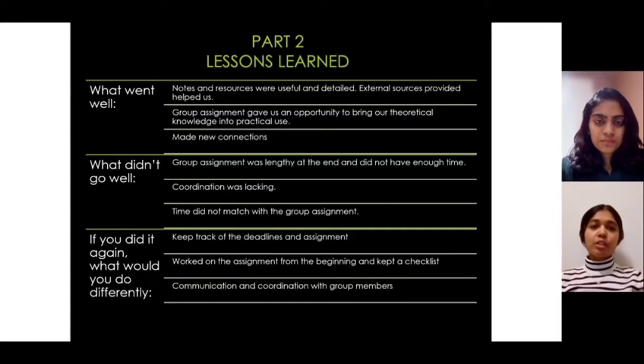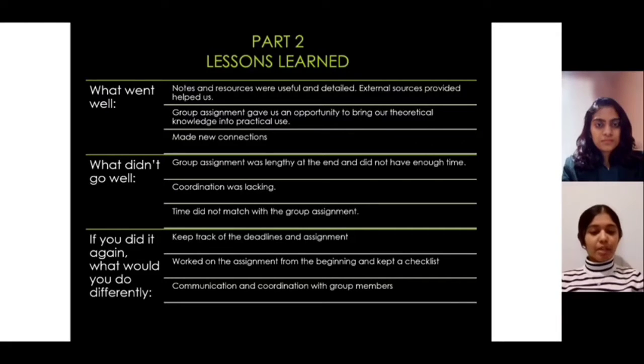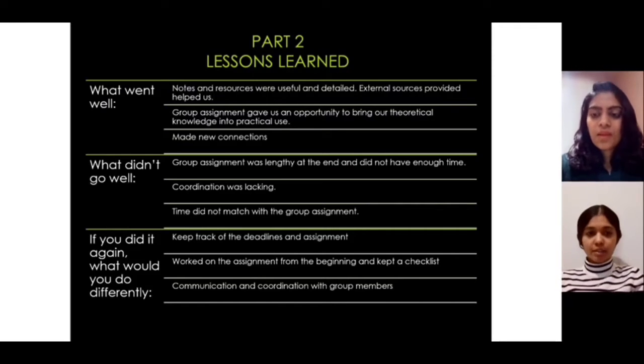The second point is the group assignment, which gave us an opportunity to bring our theoretical knowledge into practical use. With the group assignment, we learned different concepts such as types of research methods, how to conduct research, how to create a questionnaire and collect data for the research, and many other things.